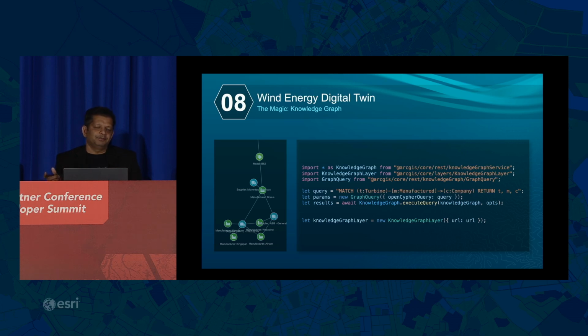If you're familiar with OpenCipher queries, it's pretty easy to do. If you're not, it's a little more complicated because it's not like SQL queries. You have to learn that part. But you can also create a knowledge graph layer in your map. So it'll show you all of the entities that are spatial. Obviously, if there are entities that are non-spatial, you can't add them to the map. But you can get to them through the query part of the knowledge graph.